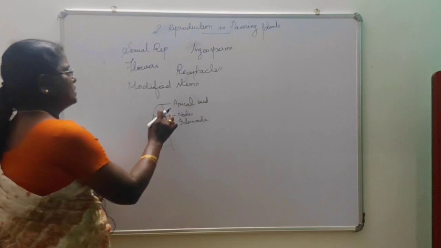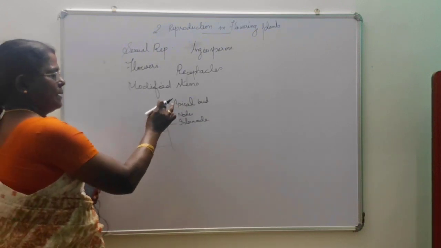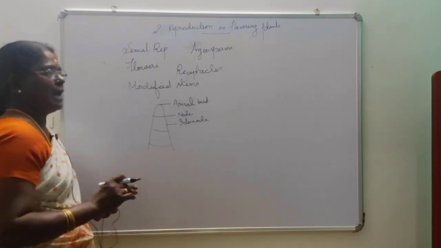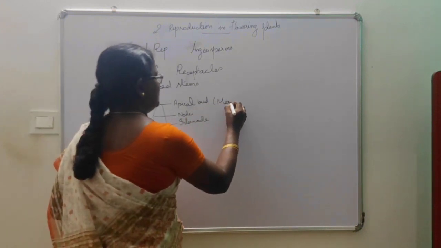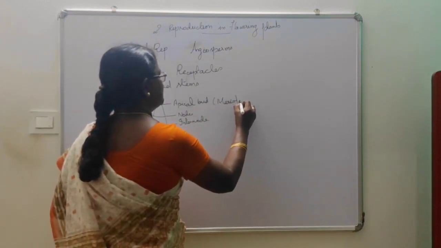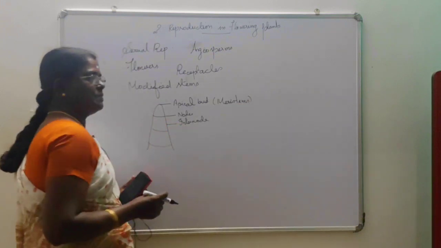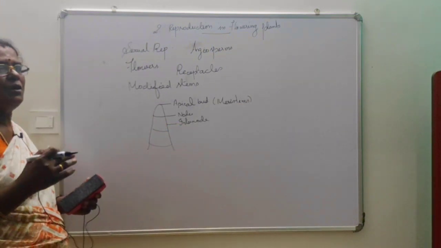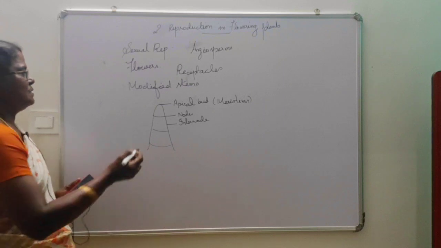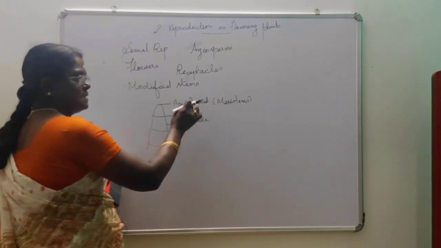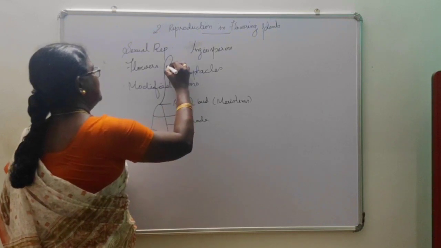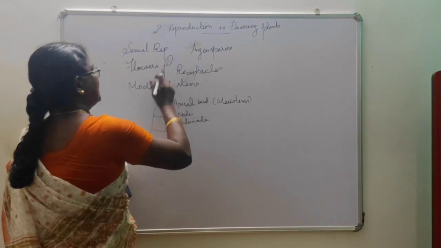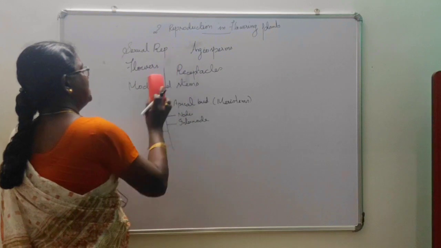Here these nodes and the apical bud have meristem. So the meristematic tissues develop into different floral parts of a flower. The meristem present in the apical bud develops into gynoecium.